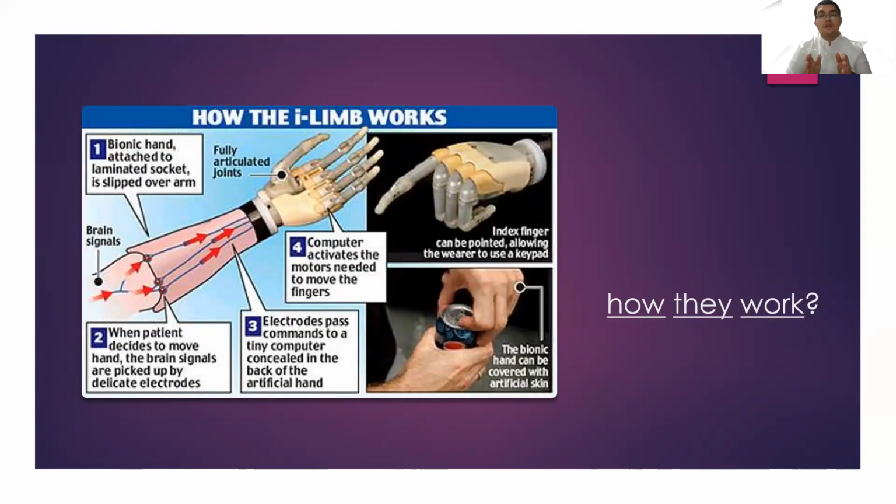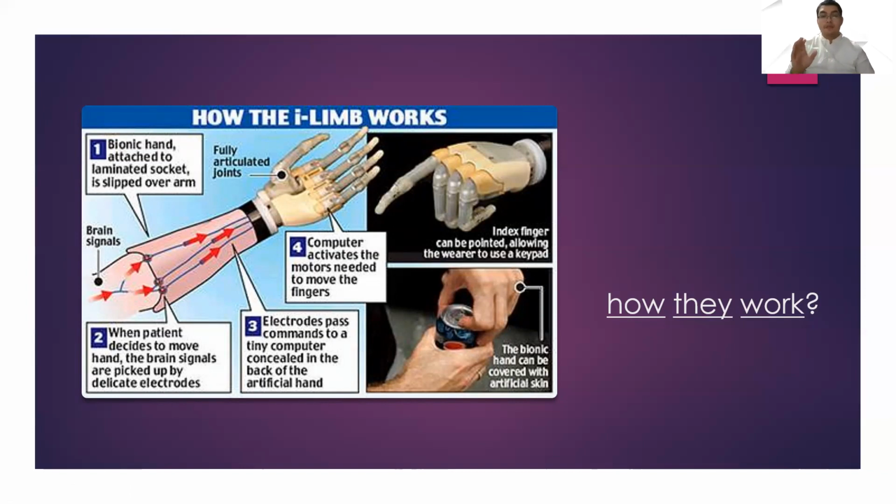How they work. In this part, I explain to you the way that this bionical hand works. The first thing that I explain to you is we have in the bionical hand, in this model, 3 sockets. The sockets are electric signal receptors that the bionical hand uses to reproduce the movement.